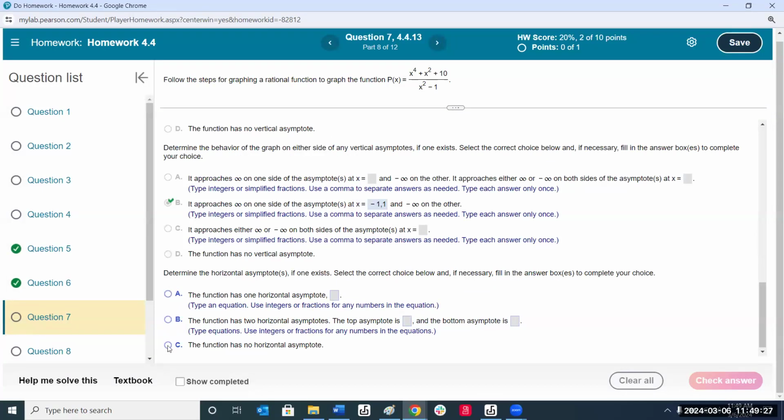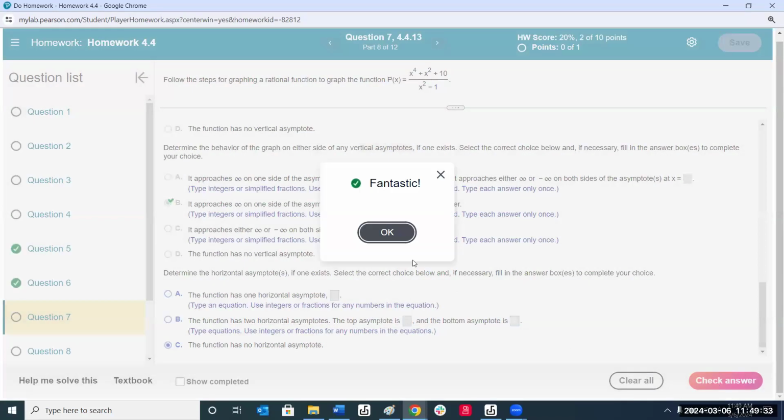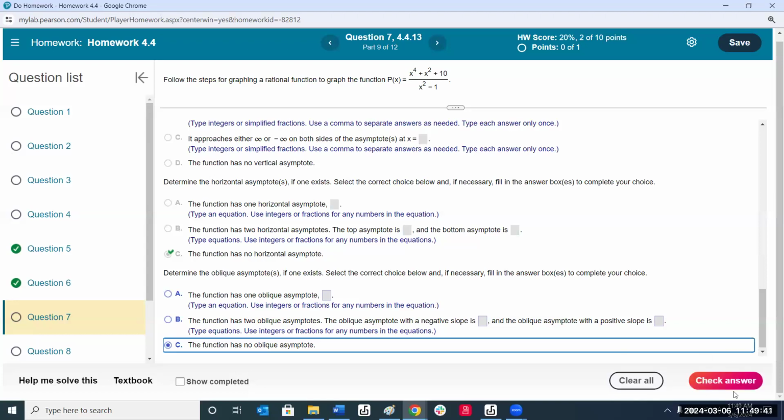Determine the horizontal, there are no horizontal asymptotes. Or we could say there's two of them. Let's see what they're going to say. Yeah, so since it's x to the fourth over x squared, there's none. No oblique.